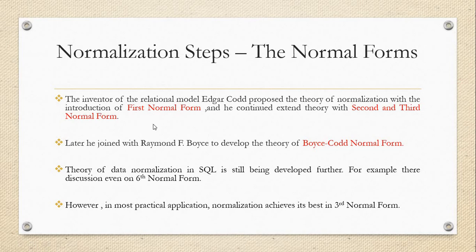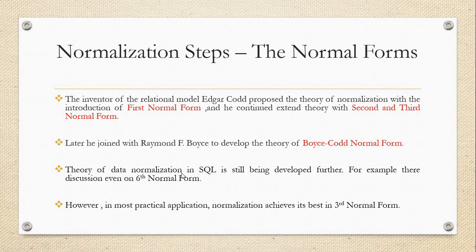Later on he joined with Raymond F. Boyce to develop the theory of Boyce-Codd normal form, also called BCNF. This is another normal form. We just need to focus on three forms: first normal form, second normal form, and third normal form. You will get the whole idea about data normalization, how we will deal with it, and how we will create the tables inside it. So don't worry about that.